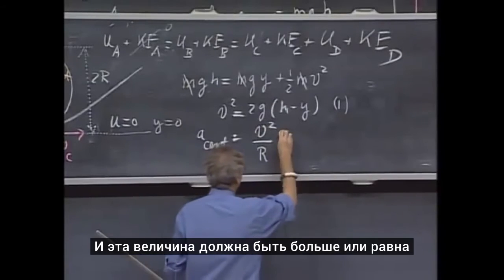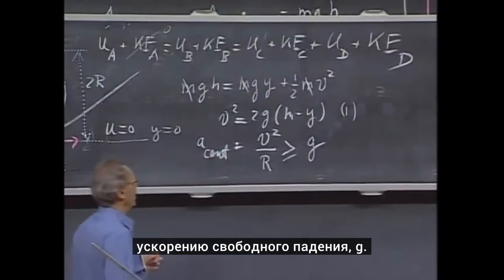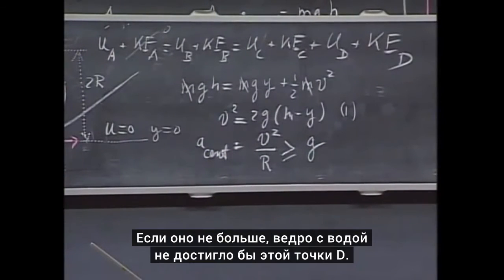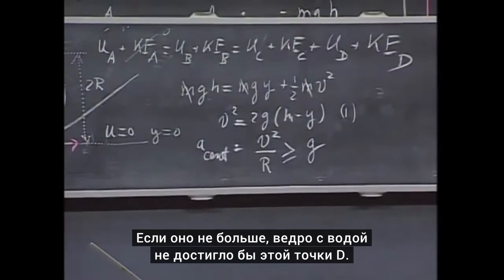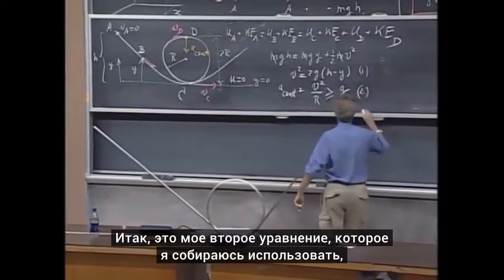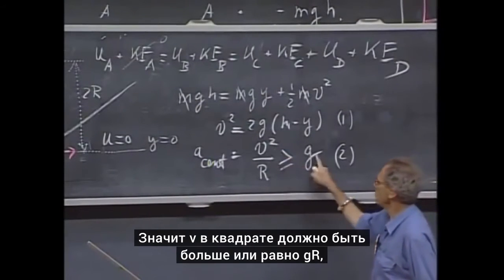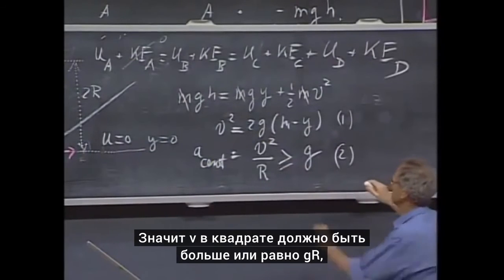And this must be larger or equal to the gravitational acceleration g. If it is not larger, the bucket of water would not have made it to that point D. So this is my second equation that I'm going to use, so look very carefully. So v squared must be larger or equal to gr.